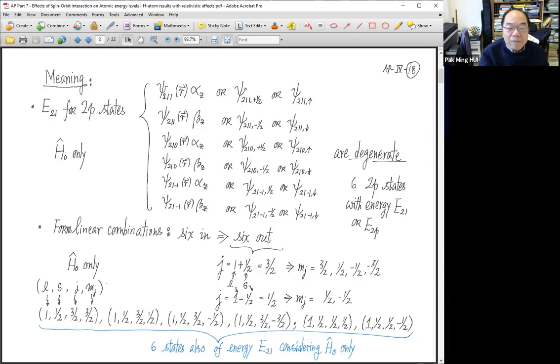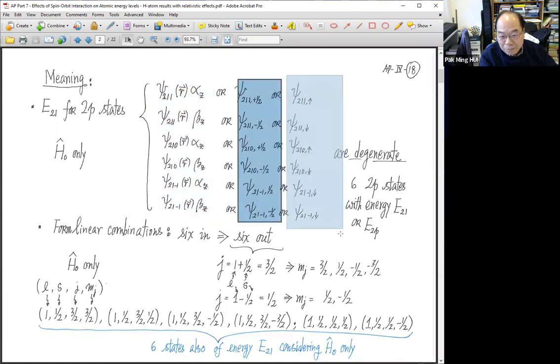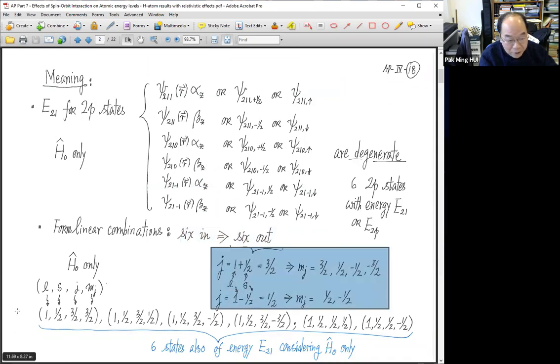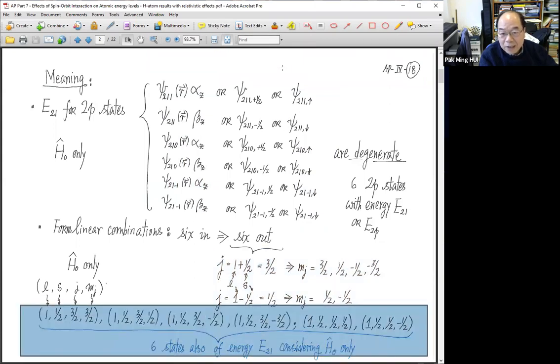So the mathematical situation becomes the following. I have one description, the previous description. They are the same. One way, another way to write it, plus minus, up, down, spin. But you mix them, linearly combine, you can use the J, M_J description, but no more, no less. 6, also 6.